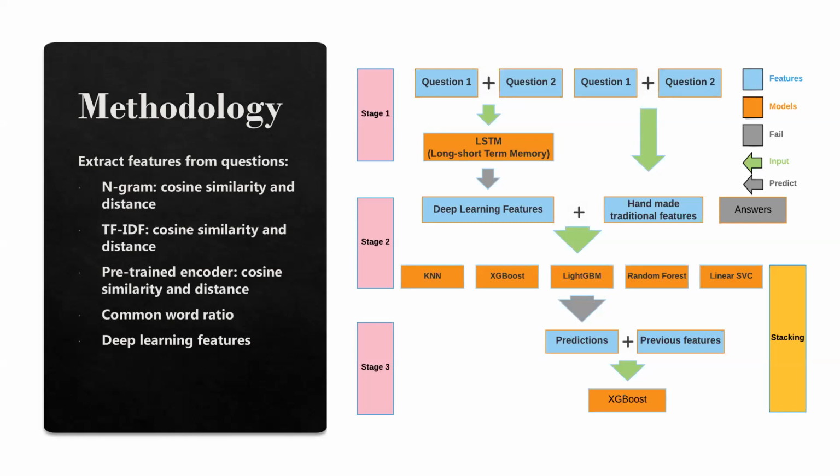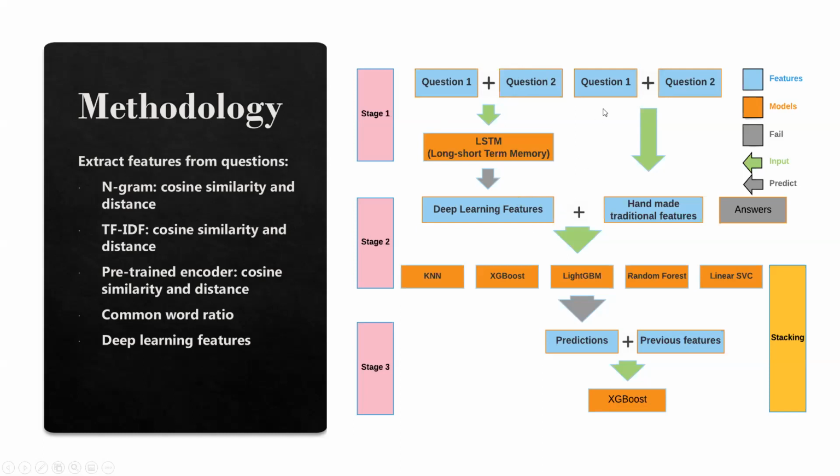Okay, after obtaining the features, I use the stacking method to build my final model. The basic idea of stacking is to use the predicted results of basic models as new features to make the final prediction. In my project, there are basically three stages. The first stage is to extract features from the question text. First, I use question one and question two as input to the deep learning models and get the deep learning features.